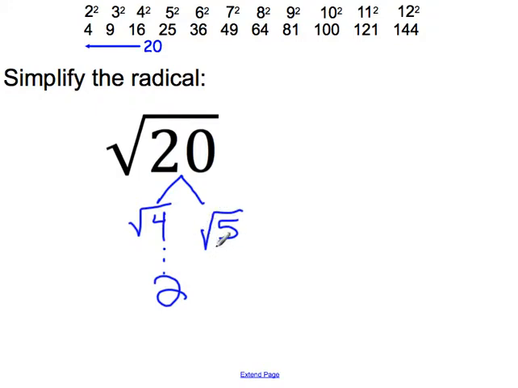The square root of 5, however, is not in this list, and no perfect square on this list is also a factor of 5. So I cannot simplify square root of 5. So I just bring that down. Originally, square root of 4 multiplied by square root of 5 equals square root of 20. So our answer is 2 multiplied by square root of 5.